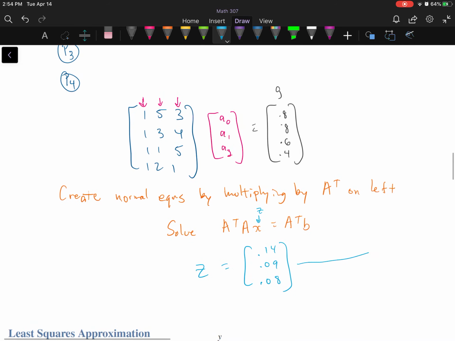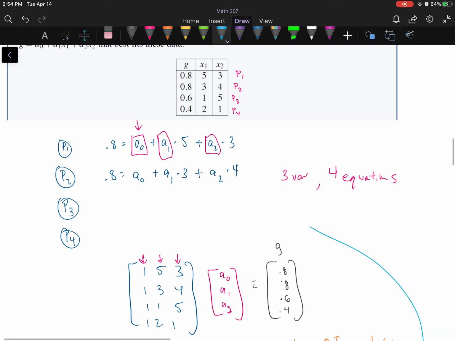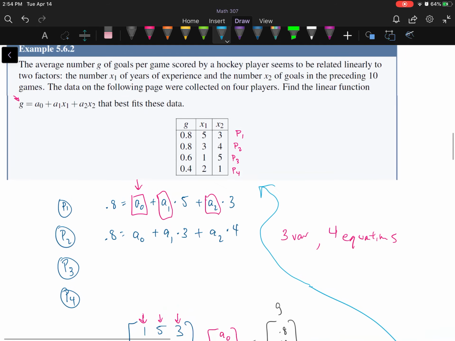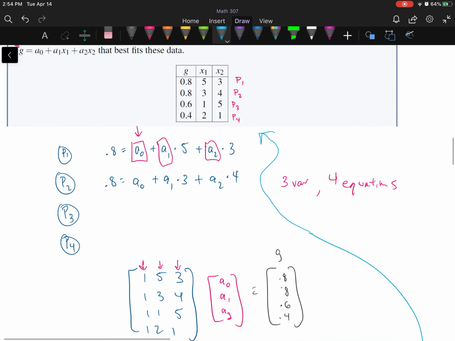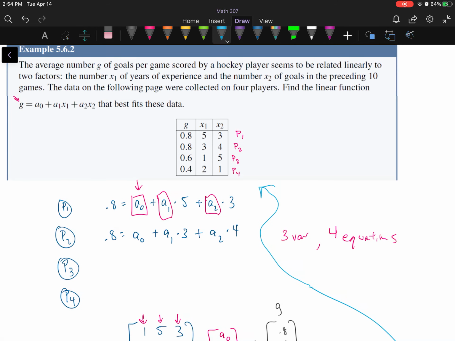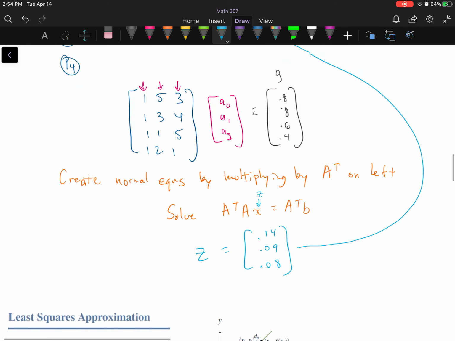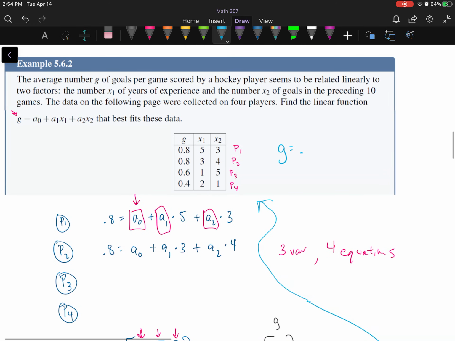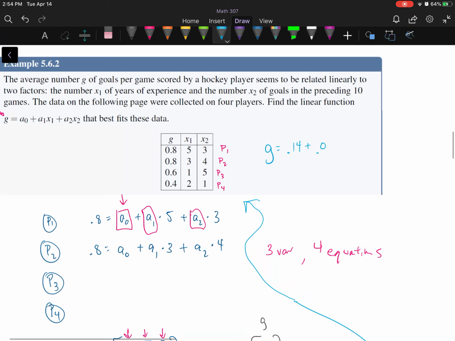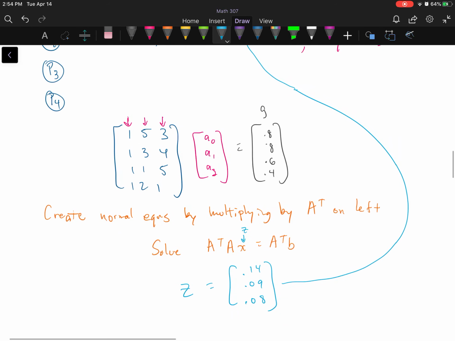So if we take this and look back up at the hockey data, we get a function G equals 0.14, that's A0, plus 0.09 x1 plus 0.08 x2.